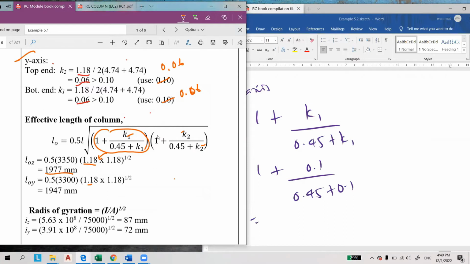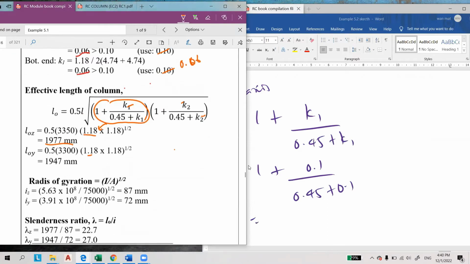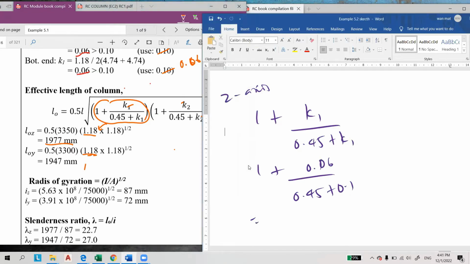But what if the K1 is for the L0Y? I don't think the answer is 1.18, because this is 0.06 and then 0.06. So 0.45 plus 0.06, plus 0.06. Sorry, I just used an ordinary calculator.